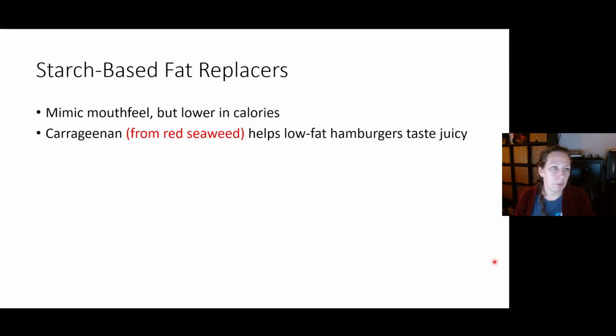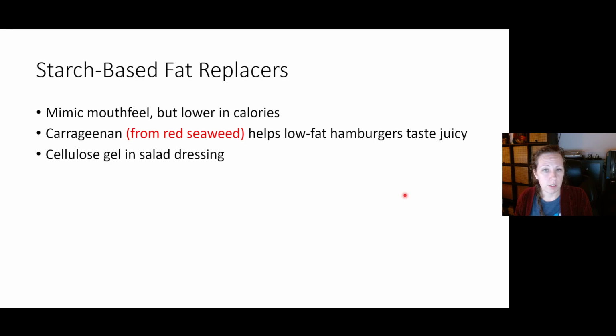So some examples of starch-based fat replacers are carrageenan. The book says from red algae. It's actually seaweed, not algae. Can help low-fat hamburgers taste juicy, so replace the fat with carrageenan. Carrageenan holds onto the water, and now you have the juicy texture of your hamburger.